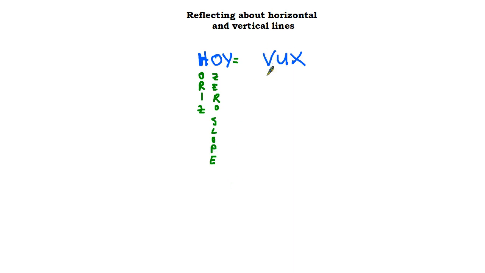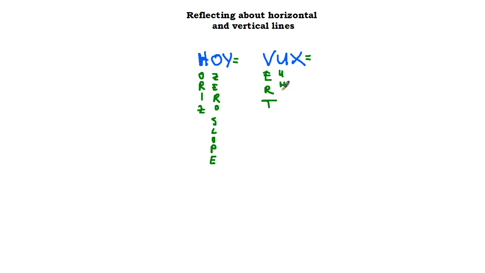Now, the V, of course, is for vertical. And this will be for a vertical line. You will always have an equation where x equals something. And again, the U, we won't use it so much, but it simply means that the line has an undefined slope.